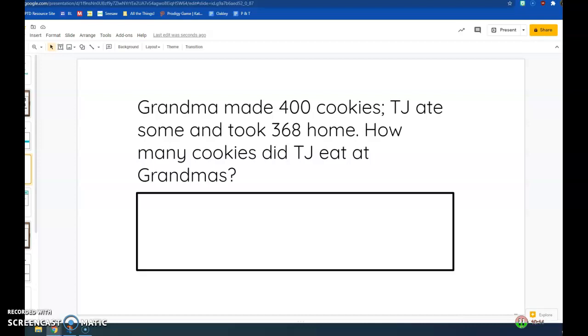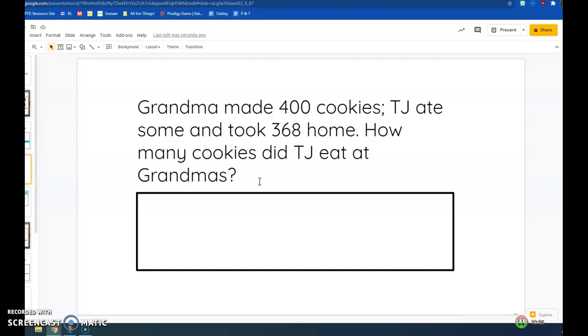Okay, so you start thinking, what keywords maybe did we find? How are we going to figure out the answer to how many cookies did TJ eat at Grandma's? So I'm going to read it one more time. Grandma made 400 cookies.